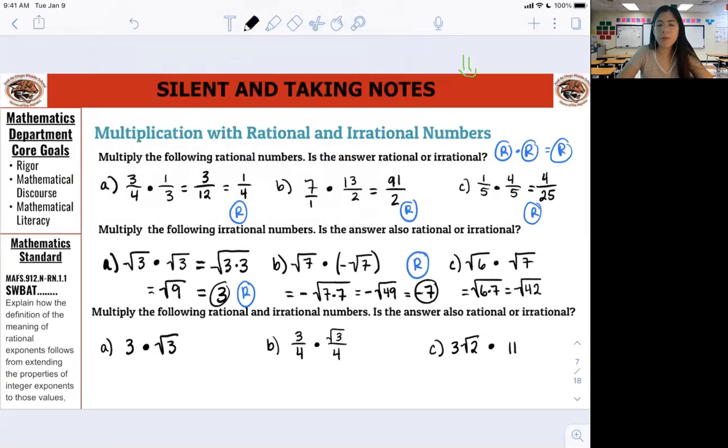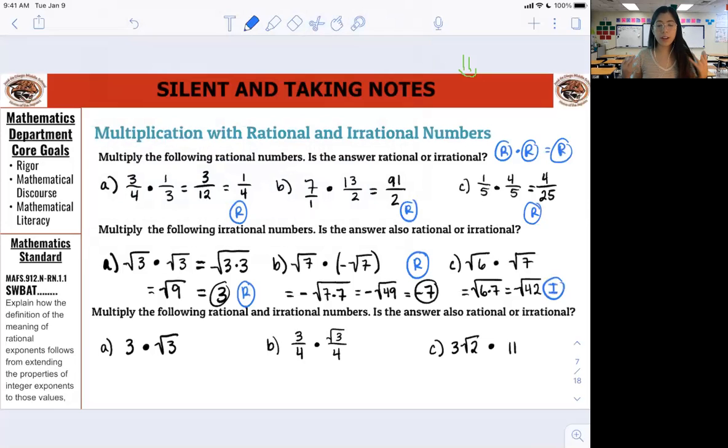Now is the square root of 42 a perfect square? No, right? And you can try it, you can see what happens on your calculator. If you try to take the square root of 42, you get an irrational number. So it is not a perfect square, so it's irrational.